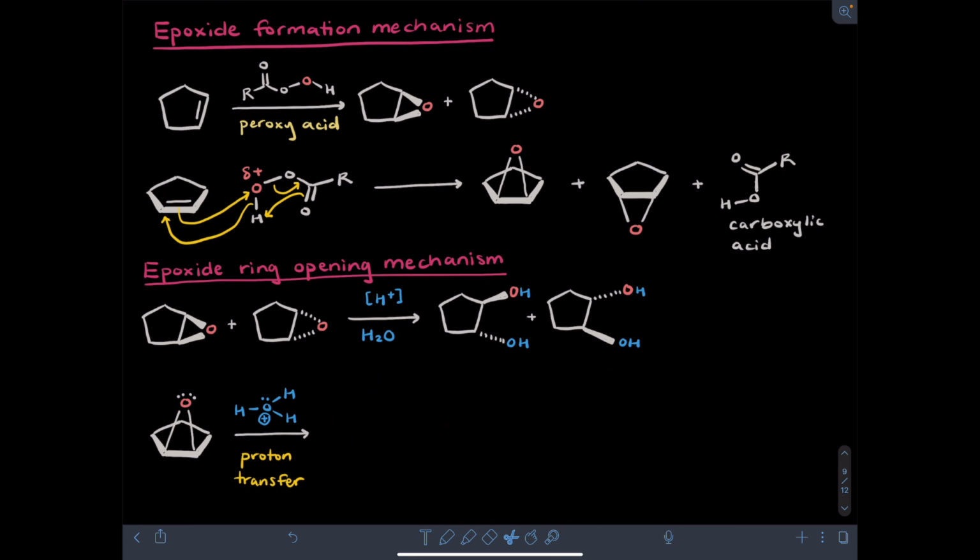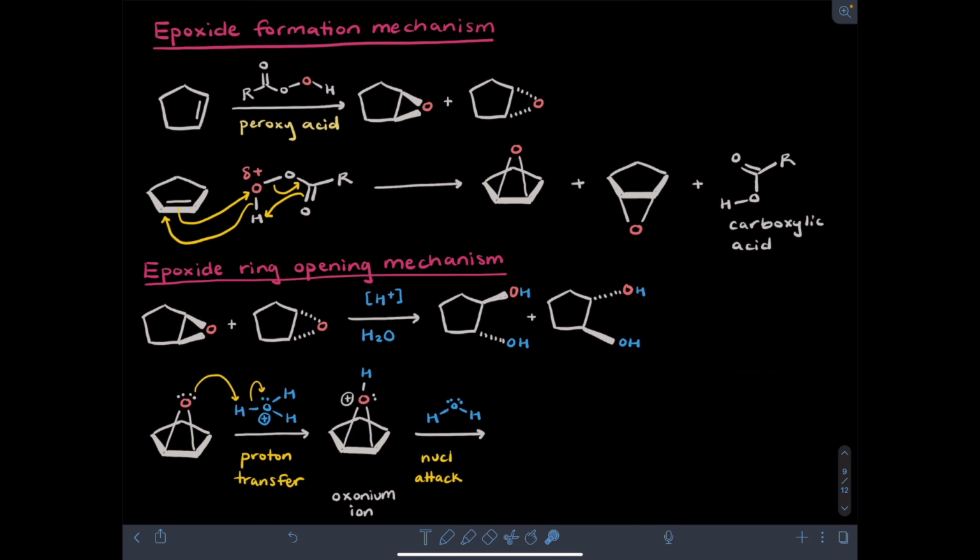H3O+ is going to be the acid, and the epoxide oxygen is the base. I would draw the 2 curved arrows of this proton transfer step. The carbon-carbon-oxygen three-membered ring is intact, but now the oxygen has a third bond to a new hydrogen, and now it has a positive charge. Instead of being called an epoxide, this is now called an oxonium ion.